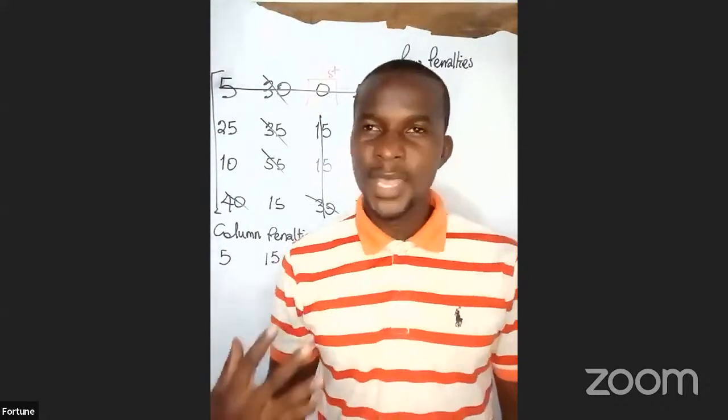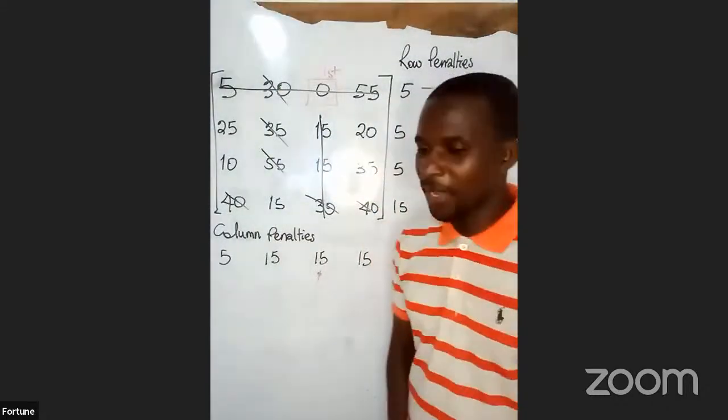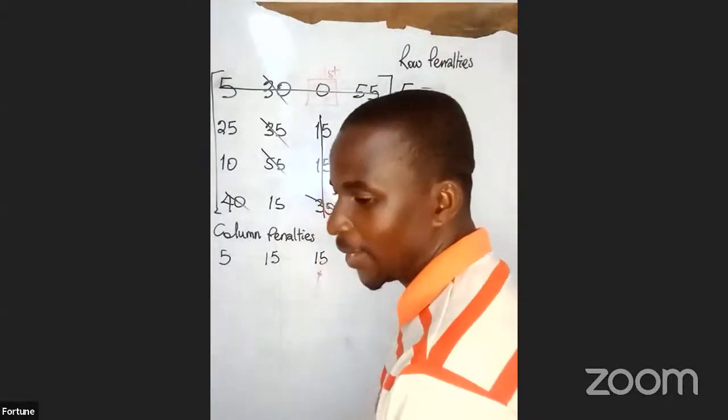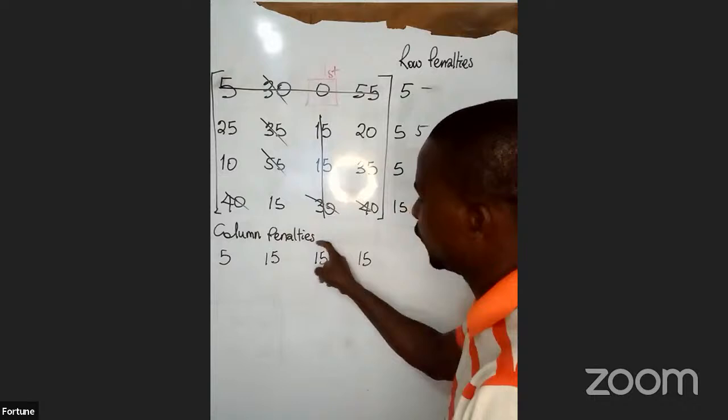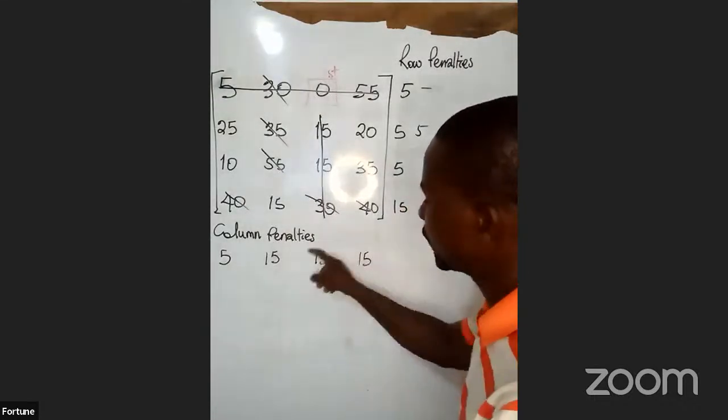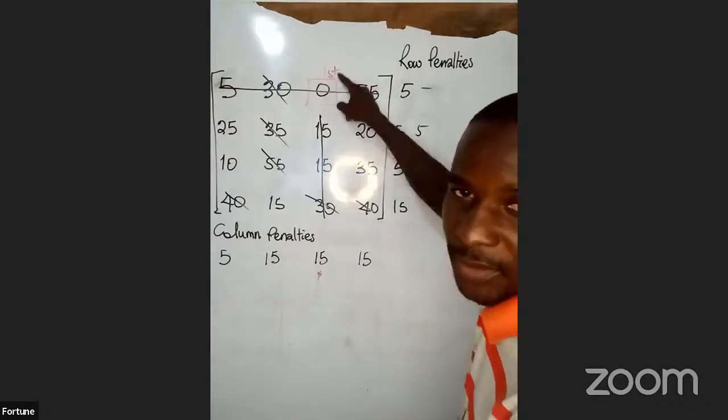Mr. Fortune, yes, please. Getting 15, 15, 15 on the column, and then also on the row 15, the method of choosing confuses me a little. Yes, so that's what I'm saying. Anytime you're assigning, once you've got your penalties and identified the highest penalty, you go back into the Tableau or the matrix. For instance, this 15 belongs to which column?